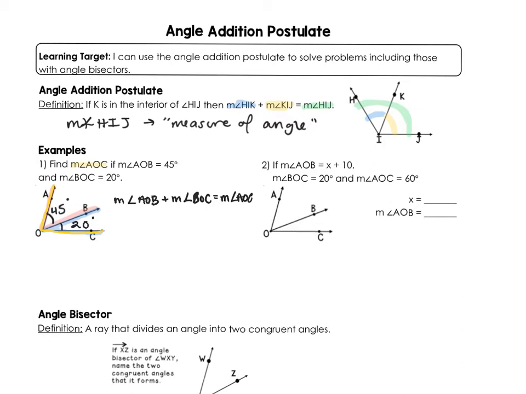In my next step, I'm going to substitute the information that I know. So I know the measurement of angle AOB is 45 degrees. I know the measurement of angle BOC is 20 degrees. I'm looking for the measure of angle AOC. So I can just add these together, and that whole angle is 65 degrees.